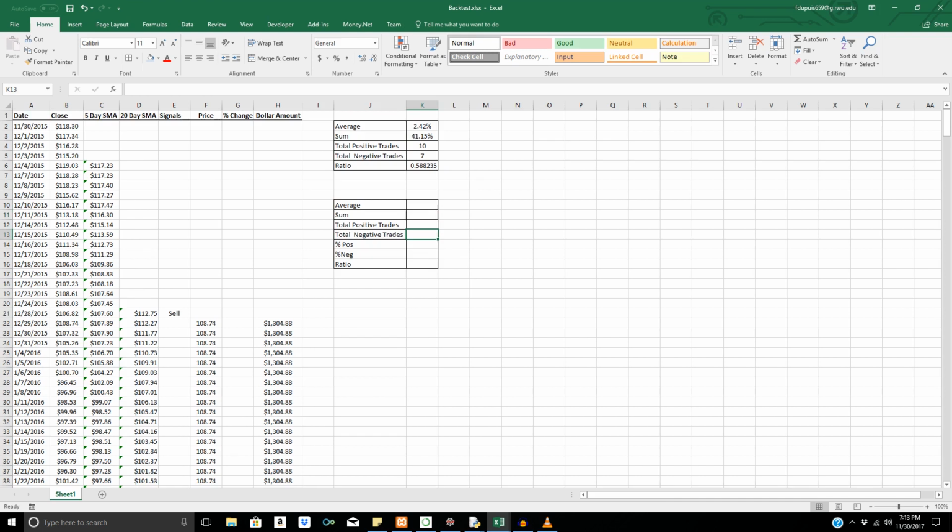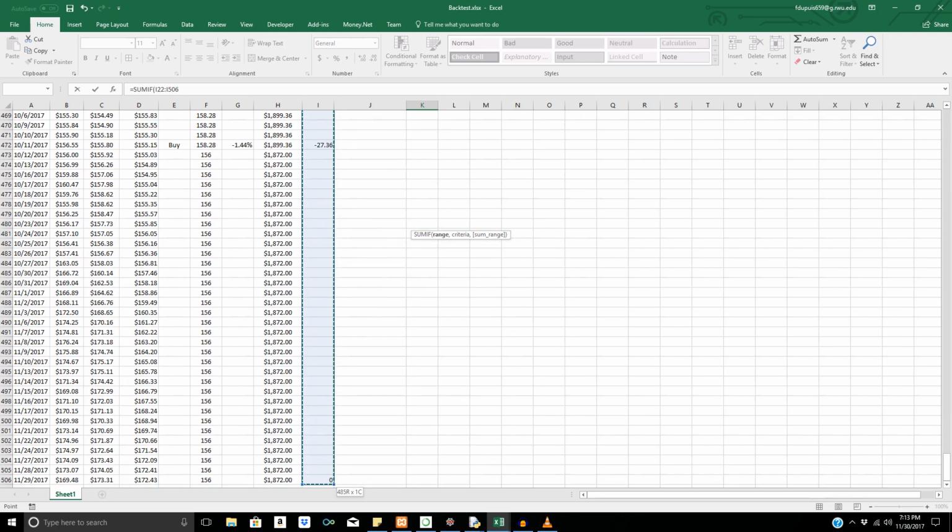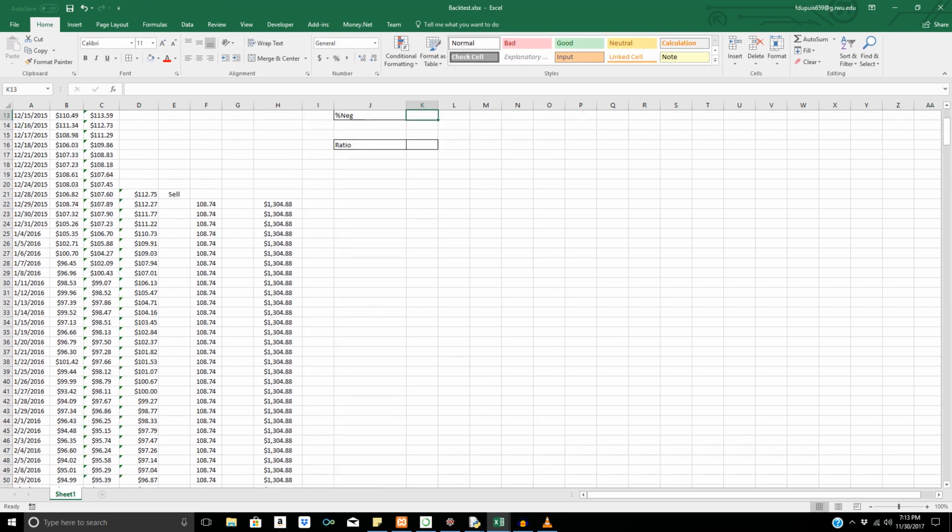So let's actually get this into percent terms. We can say equals sum if with the dollar amount greater than 0.